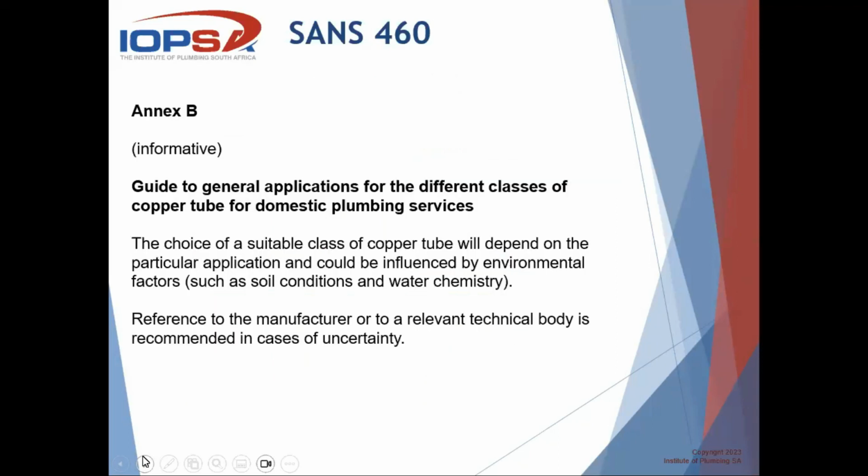So also in terms of 460, under section B or annex B, which is informative, in other words, it's a recommendation. It says here, the choice of the suitable class of copper tube will depend on the particular application and could be influenced by environmental factors such as soil conditions and water chemistry. So yeah, Gerrie, it's a good point, because certain areas the soil condition could be a little bit more acidic or a little bit more corrosive.